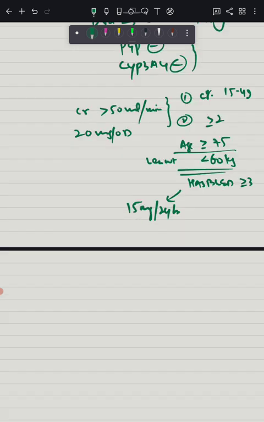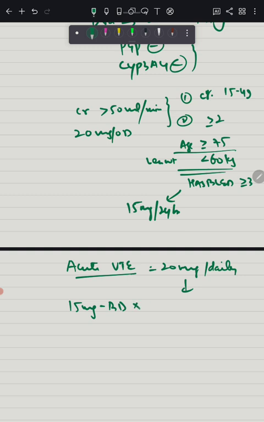So dose regimen, for instance you encounter a patient with acute VTE. How will you treat this? You have to give a 20 mg daily dose, but there is a catch. You have to give 15 mg BD initially for 21 days, followed by 20 mg OD.